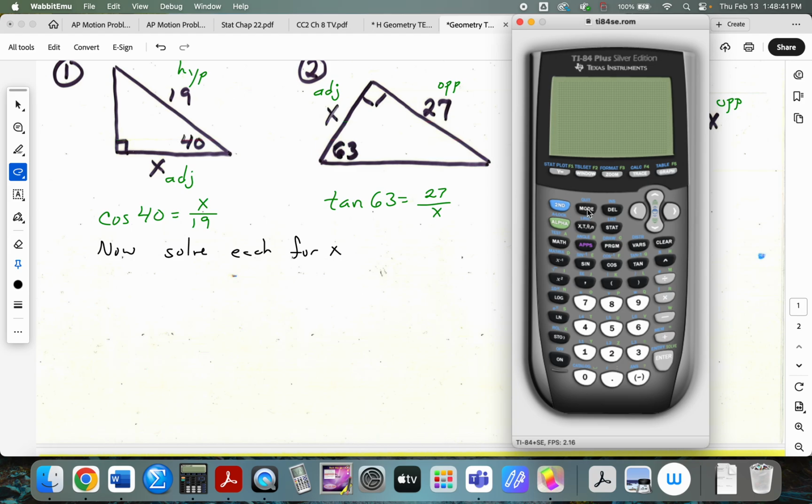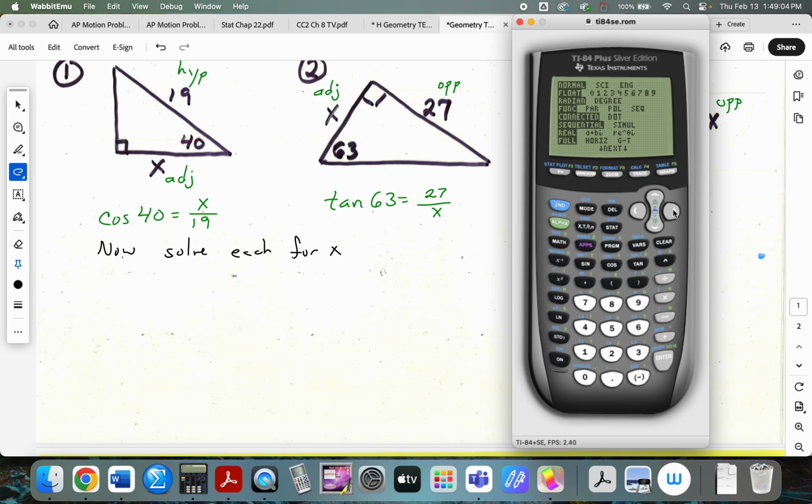If you have that button, please press it. If you have a different calculator, it may be in a different place, or it may be somewhere else entirely, and I'll help you with that if yours is different. That's fine. We're going to go down to where it says radian. See how radian has the black background on it and it's flashing there?